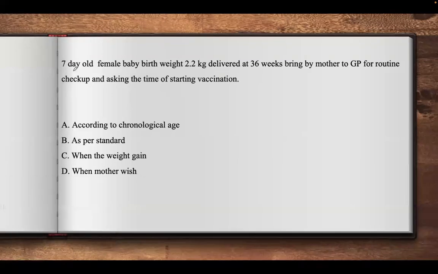The next question is, this is a 7-day-old female baby. Birth weight is 2.2 kg, delivered at 36 weeks, brought in by the mother to the GP for a routine checkup and asking about the time for starting the vaccination. When would you like to do the vaccination for that child?